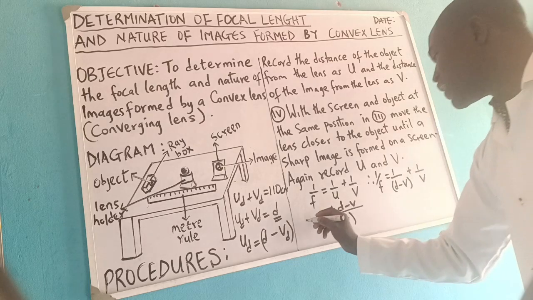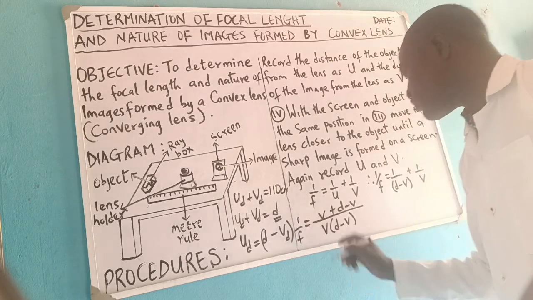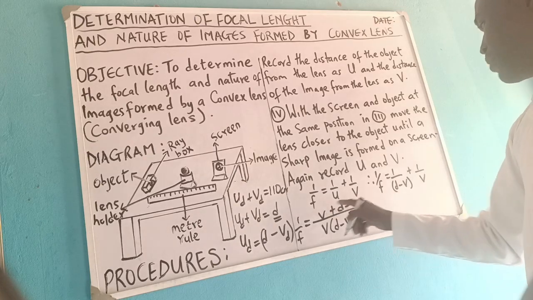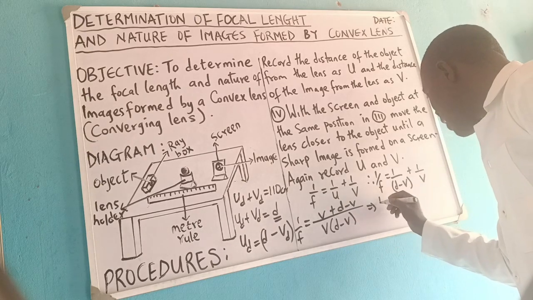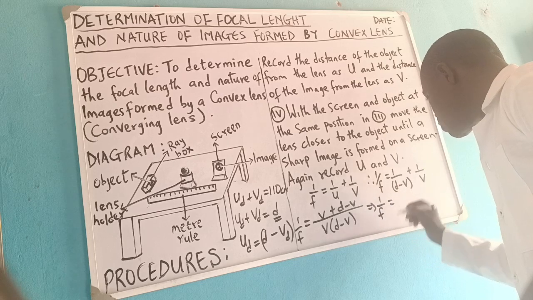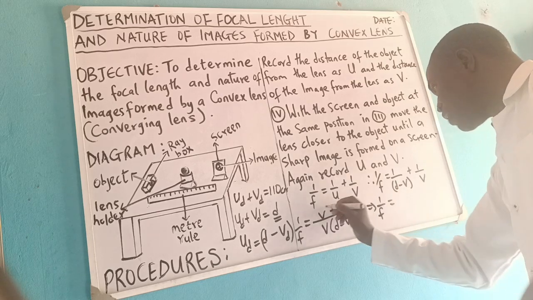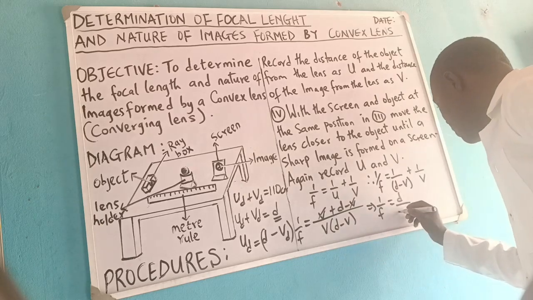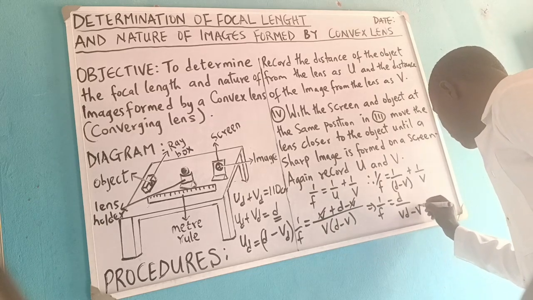And so we say is equal to 1 over f. Sorting this out, we'll have v minus v. That means 1 over f equals v minus v will cancel out, leaving you with d all over. This times this will be vd minus v squared.